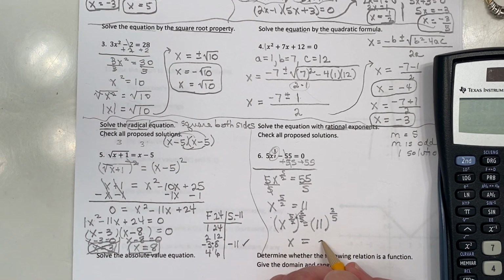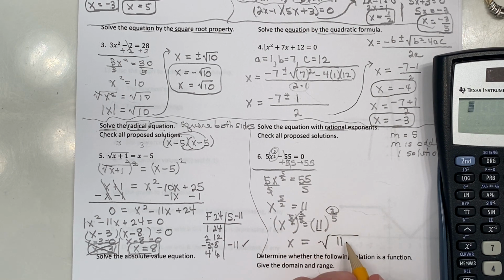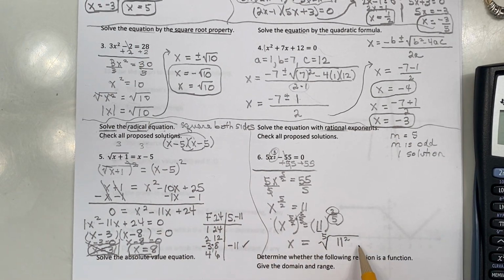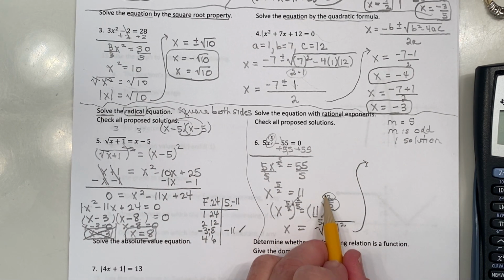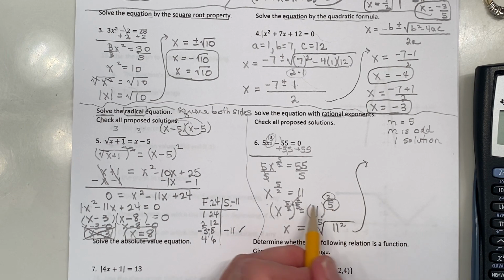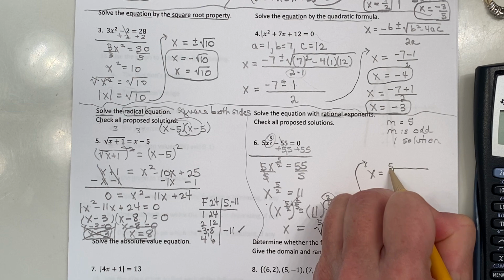Well, I can convert to a radical format. So I would take the base of 11, and I'd take the numerator and put that as the power on 11, 11 squared. The denominator represents the 5th root, and we put that right here as an index, is what it's called. And because I already know that 11 raised to the 2/5 is not a nice number, I would keep the 5th root here.